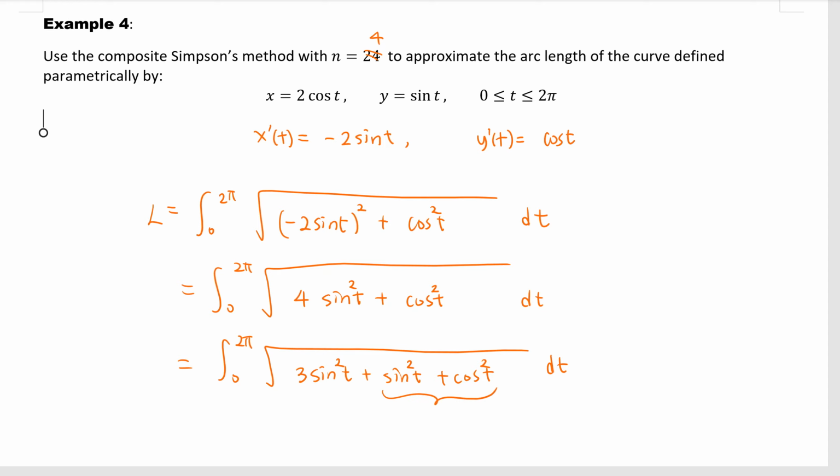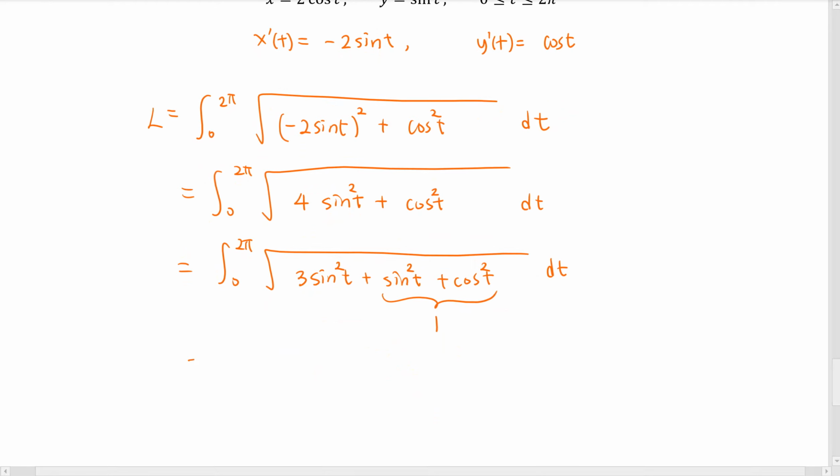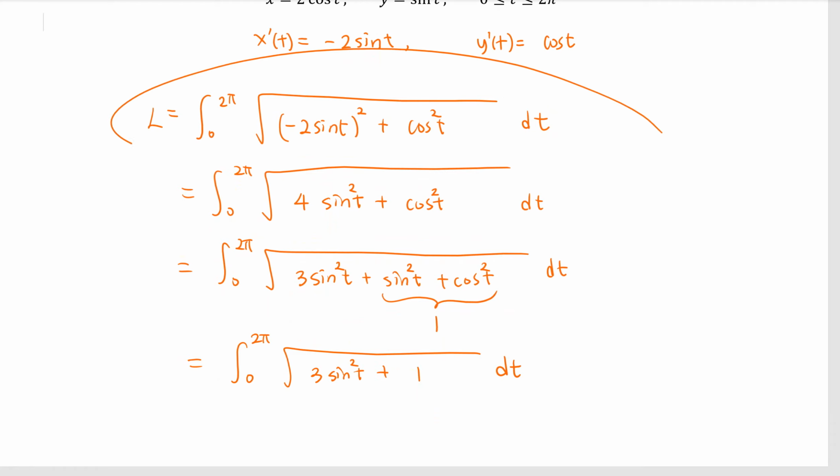Sine squared and cosine squared added together equal 1. So this whole thing is just the square root of 3 sine t squared plus 1 dt. You might say, can I use the original to calculate? Of course, yes, but you need more time to type in more functions and more numbers. You don't have to simplify.